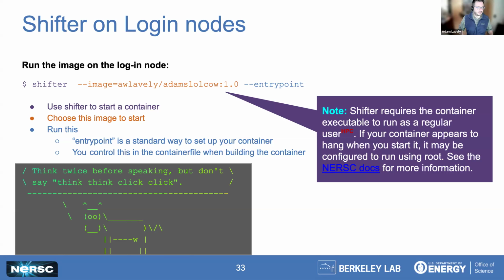We have a couple of ways to get around this. But really, if there are some permissions issues such that something works in Podman HPC but not in Shifter, it's very likely an issue where something that you as a regular user in Shifter are trying to access but can't because it's assigned to root.